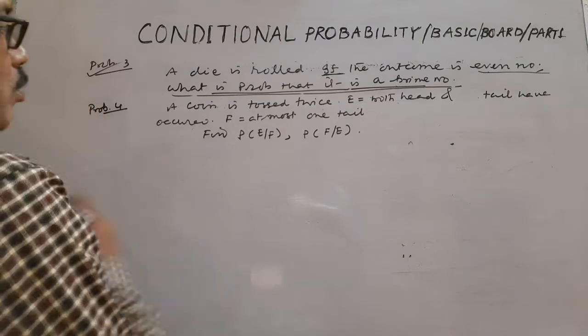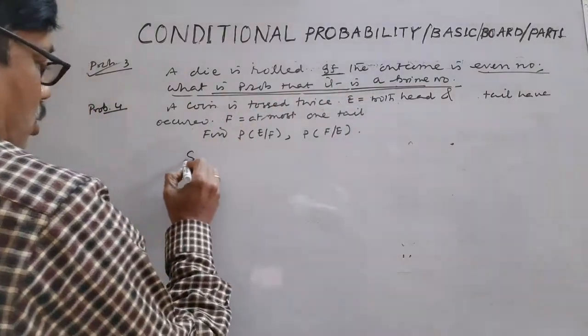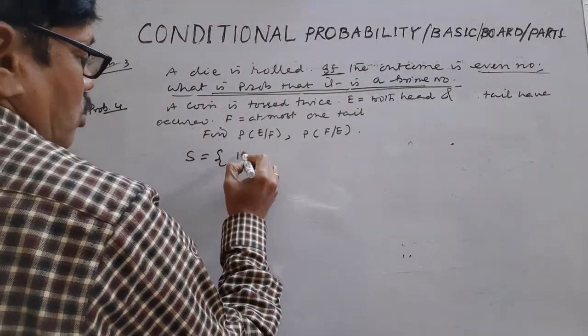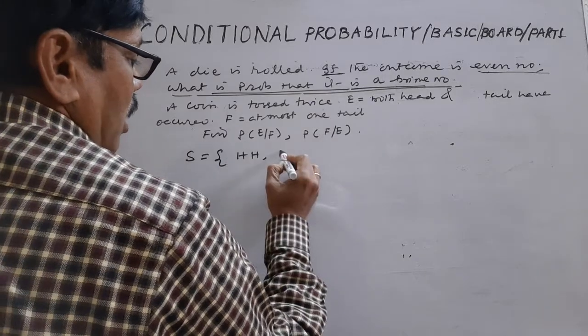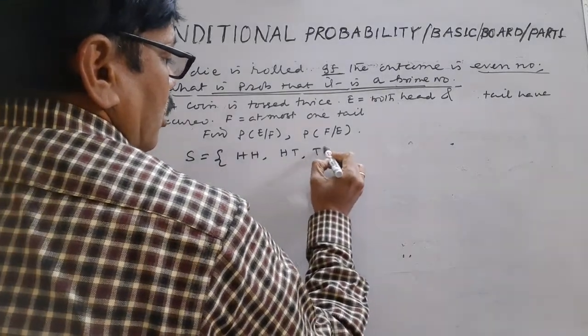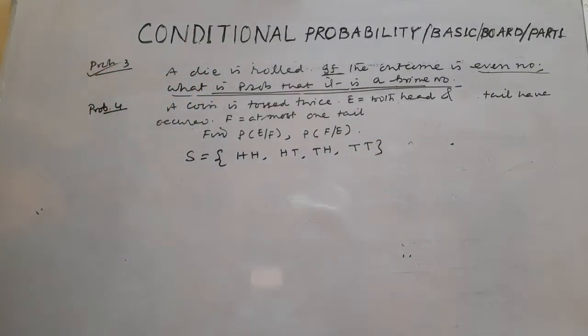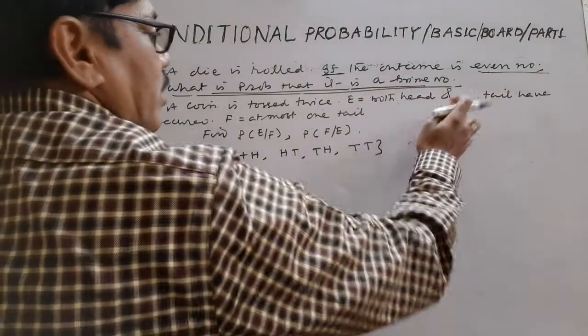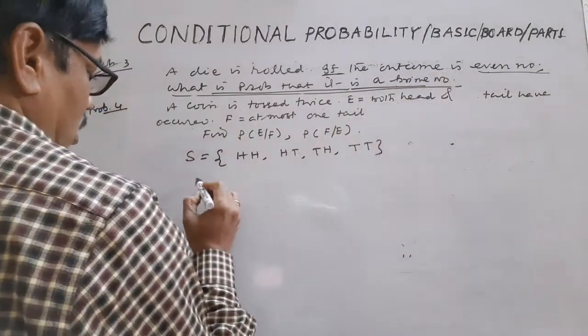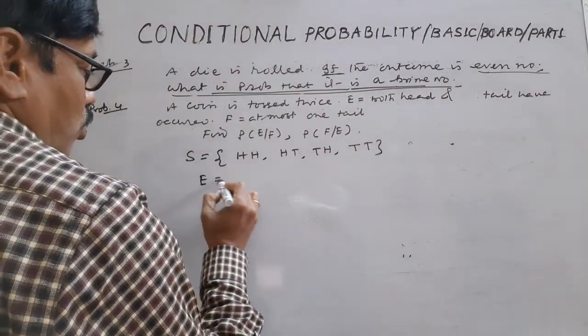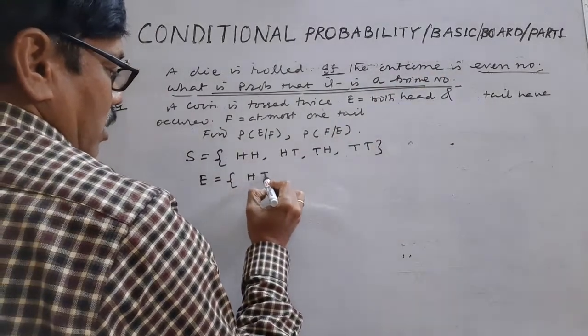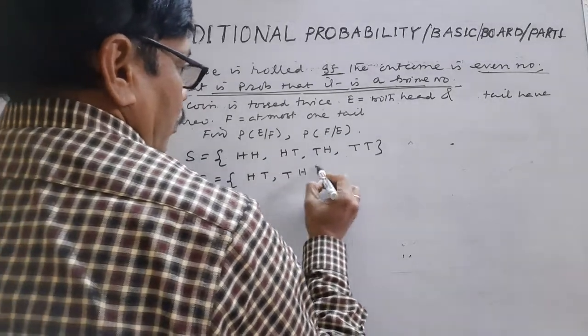Now problem number 4. A coin is tossed twice. So what is the sample space? HH, HT, TH and TT. This is the sample space. E equals both head and tail, so head-tail, tail-head.